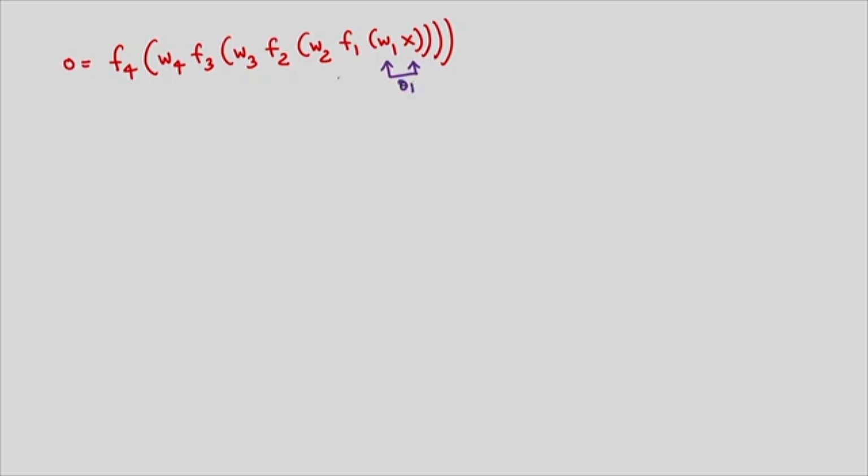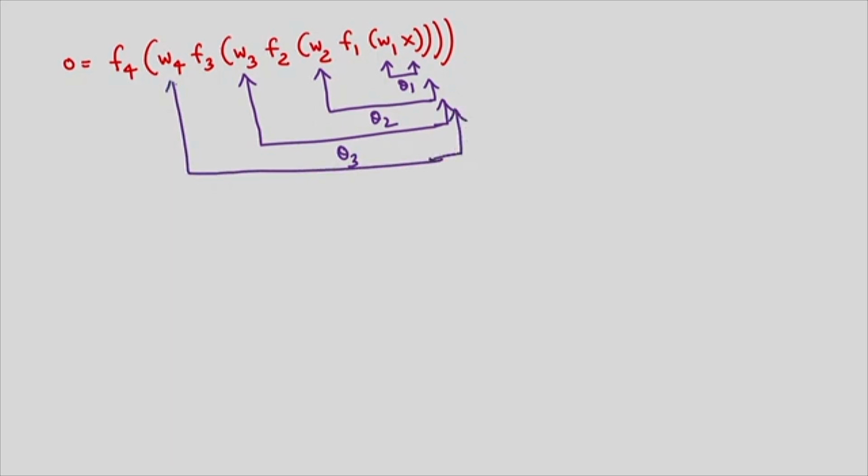So now let us move to the next slide. Again I am writing the previous equation: F4, W4, F3, W3, F2, W2, F1, W1 X. The previous equation was like this, and we considered this as theta 1, this as theta 2, this as theta 3, and finally this as theta 4.